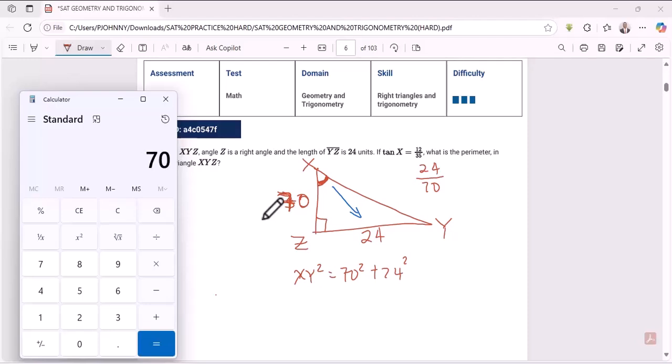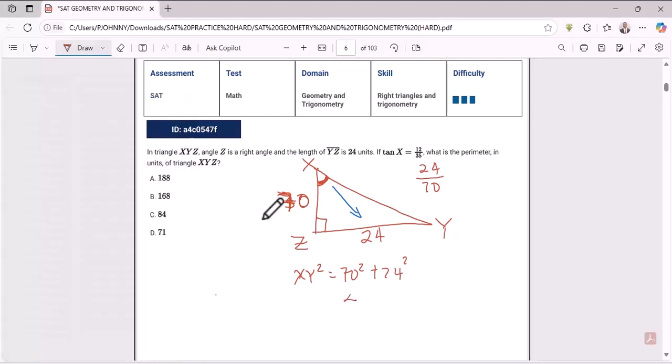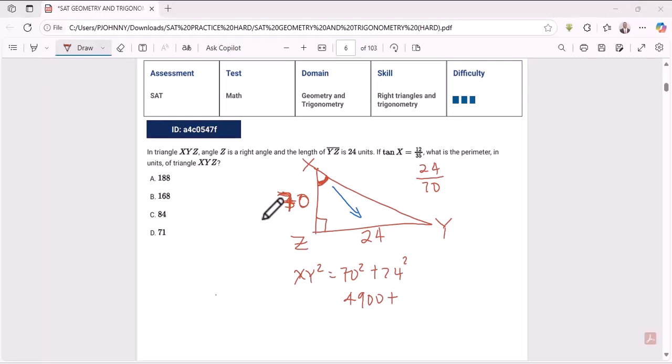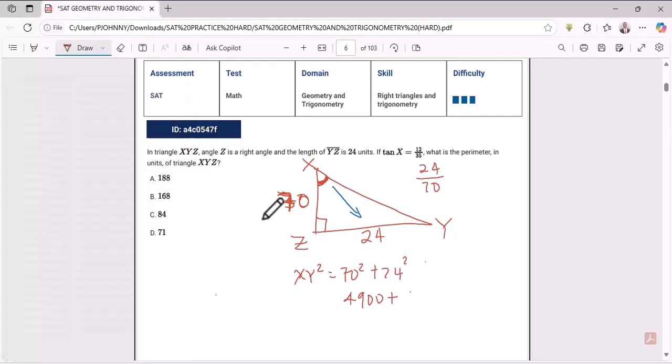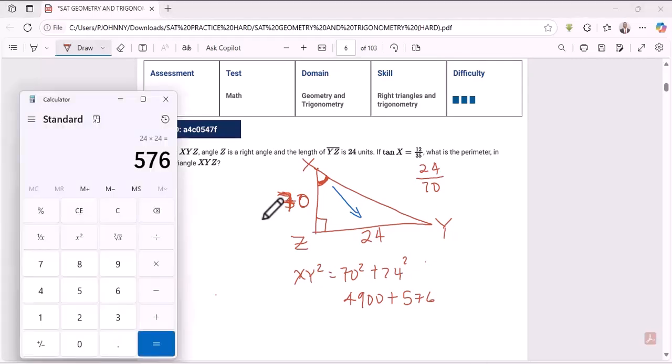70 squared is 4,900 plus 24 squared. Don't want to stress my brain. 24 times 24, I've actually forgotten it, so that's 576. Okay, so 576 plus 4,900 gives us 5476.